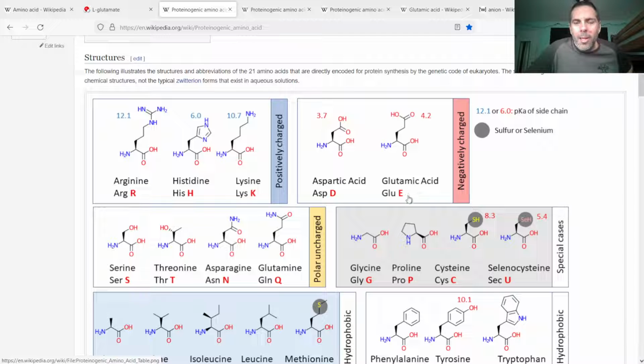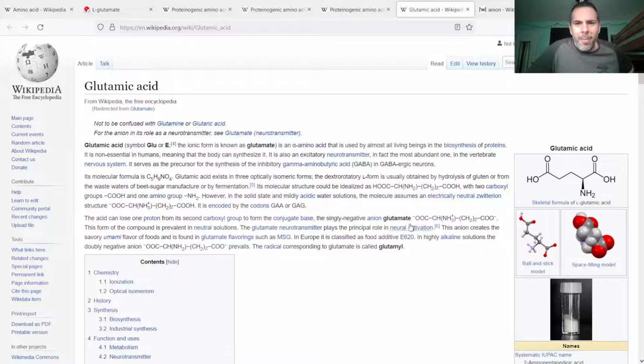It might take some time to get used to E for glutamic acid, and it might actually be easier to think of E as glutamate. At least there's an E in glutamate, where there's no E in glutamic acid.